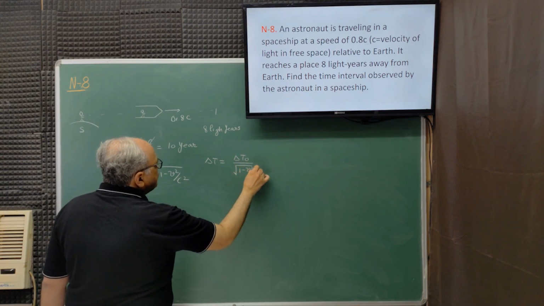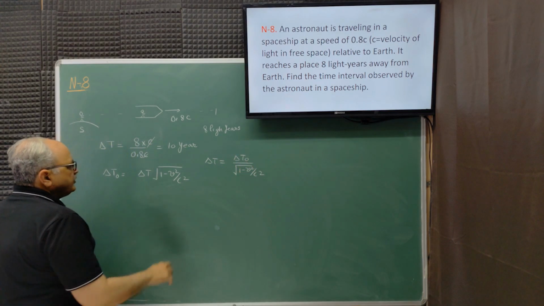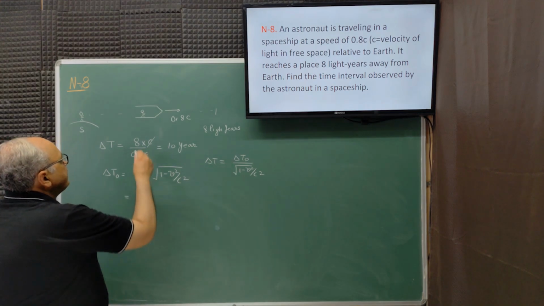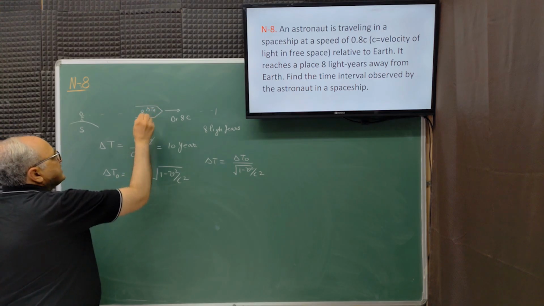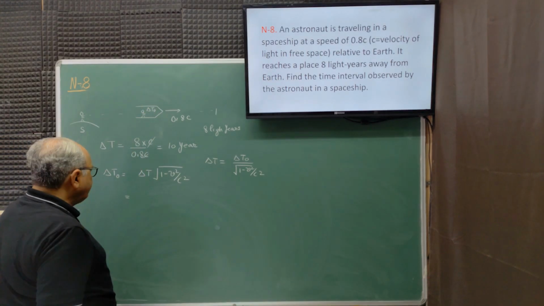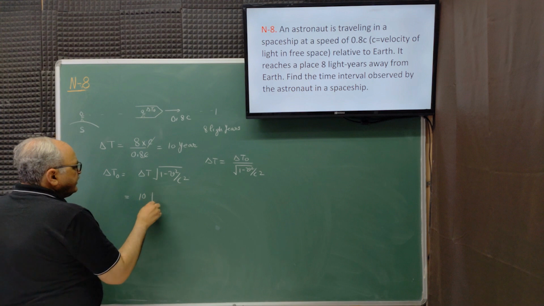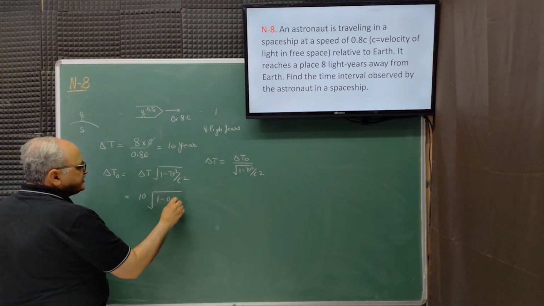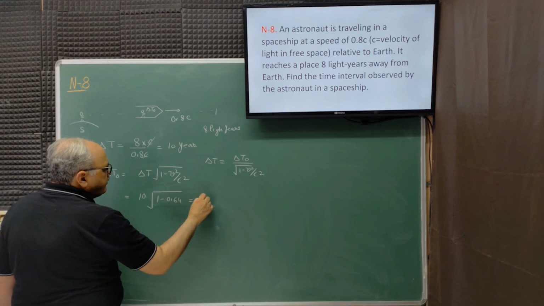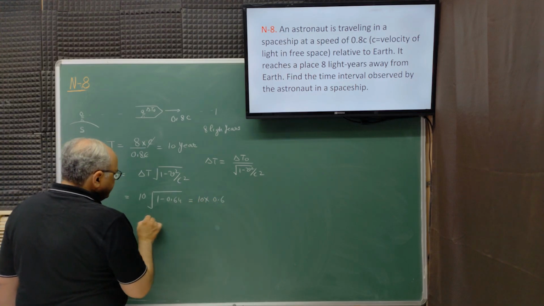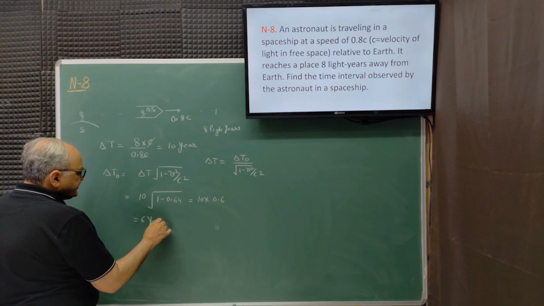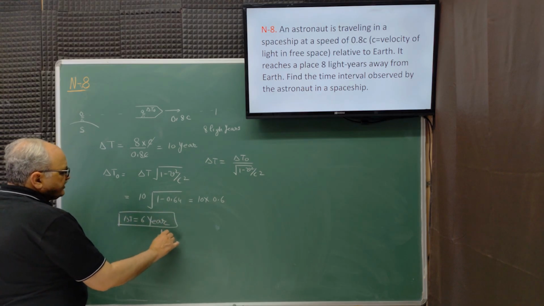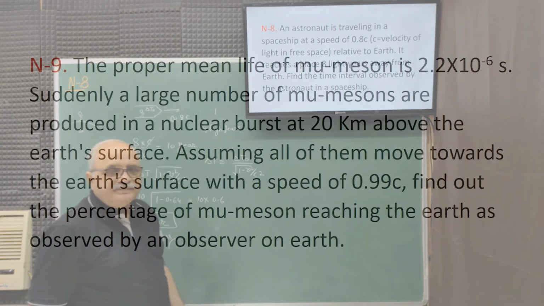Whatever he observes is considered the actual time interval. So this is 10 years multiplied by the square root of 1 minus 0.8 whole square, that is 0.64, so 10 multiplied by 0.6, which equals 6 years. So this is the answer for question number 8.